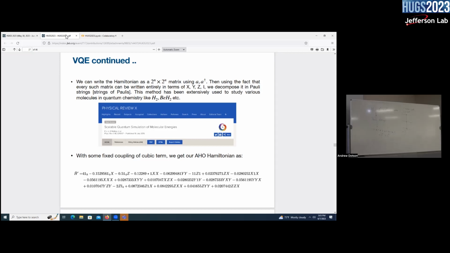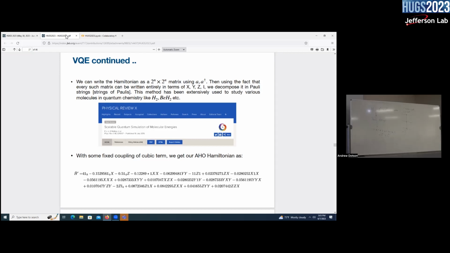It doesn't make use of 0 or 1 states, but of the infinite tower, up to some cutoff, of the Fock space, the eigenstates of the number operator. So in that case we have to rewrite the Hamiltonian in terms of a and a dagger. We'll come back to that later if we get time. So the strings of Pauli, we have already done that.